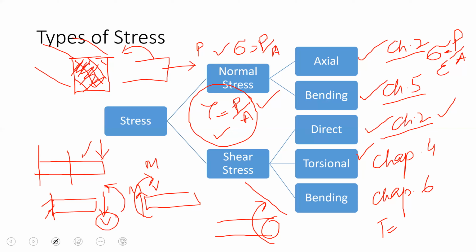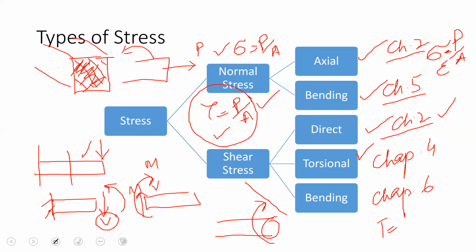So in both cases, the direct as well as the torsional one that we dealt with in chapter 2 and chapter 4, we keep on discussing the shear stresses. But in chapter 4, the shear stresses are just because of the torsional or twisting motion of the shaft, right?